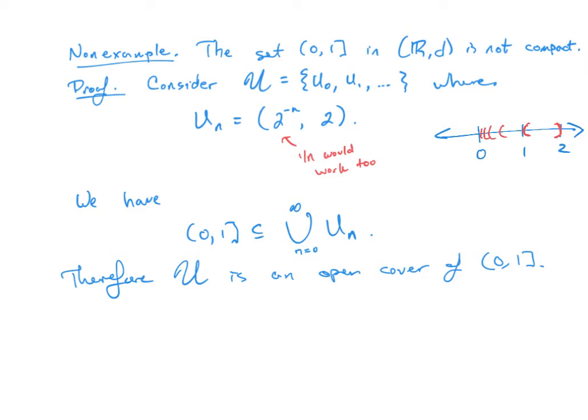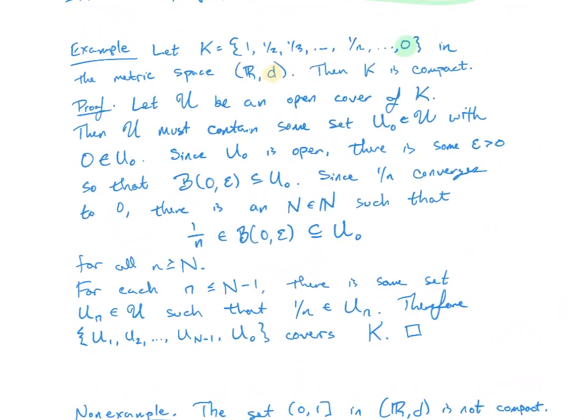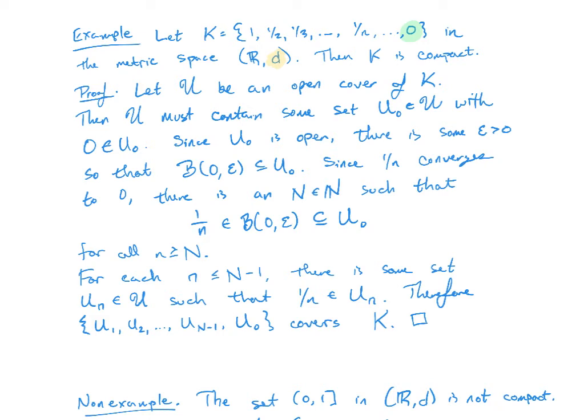Now notice here, this is a little bit different just in notation than our example. In our example, we didn't have indices for our sets. In our example above, we just had an open cover, and there were some sets in it, and we gave them names.